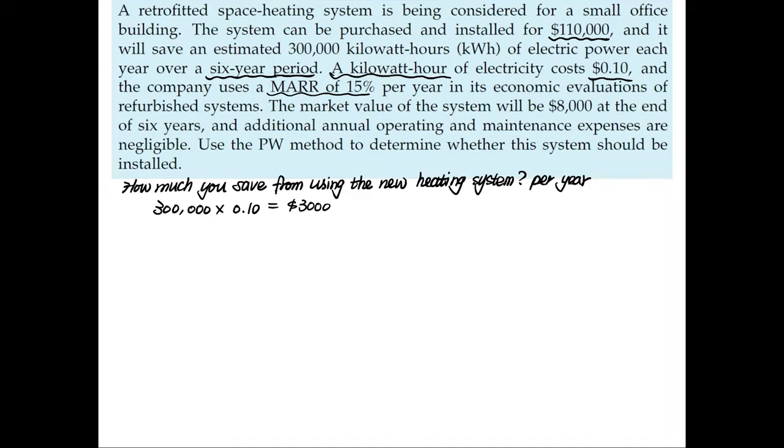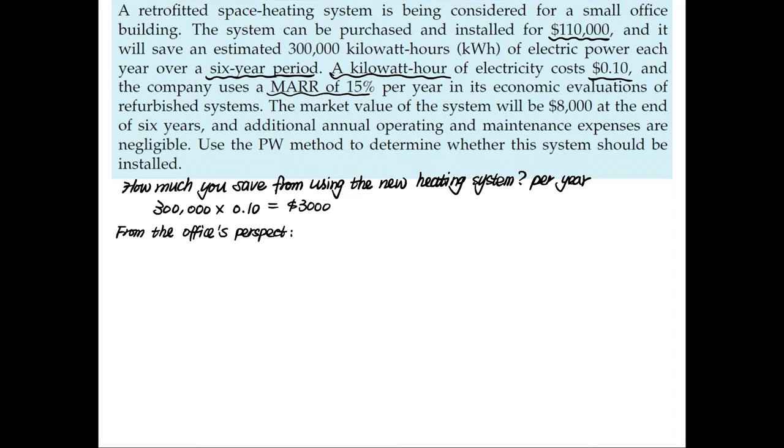So the first thing is you want to draw the cash flow diagram first. So you draw it from the office building's perspective. Because you're the office, so you want to install it, so you need to spend this $110,000.